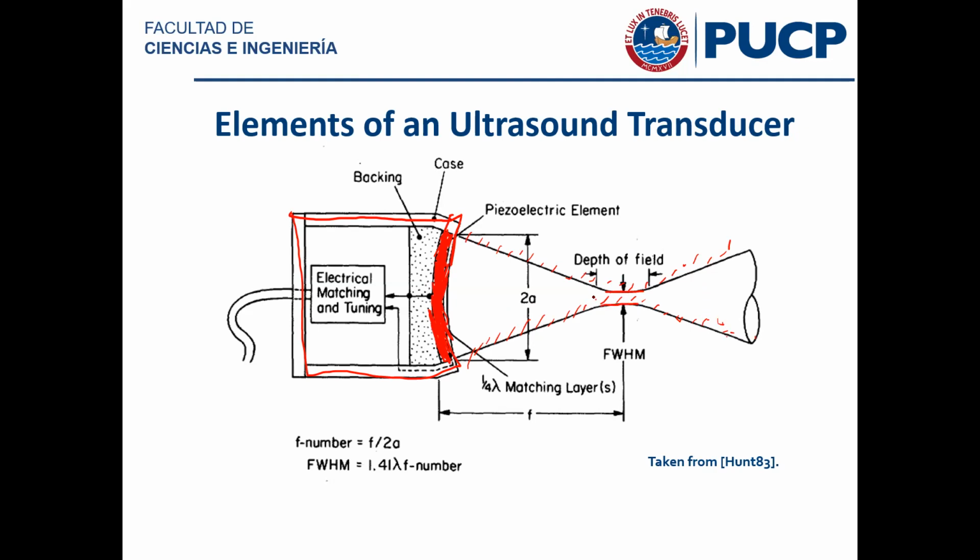That is, there's a range of depths for which the acoustic pressure beam stays relatively narrow, and then away from it, it diverges both towards the transducer and away from the transducer, like in here and in here, right? So we only care about this region over here for imaging, and that is produced by the transducer.